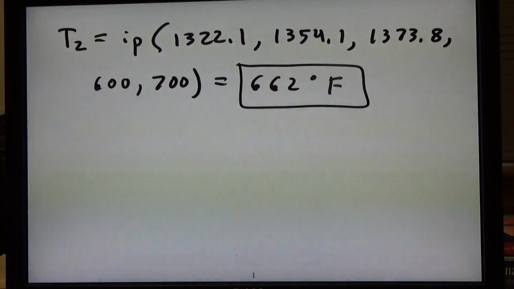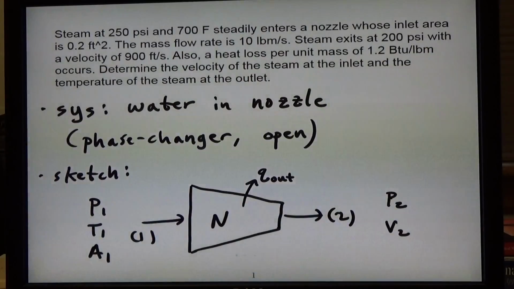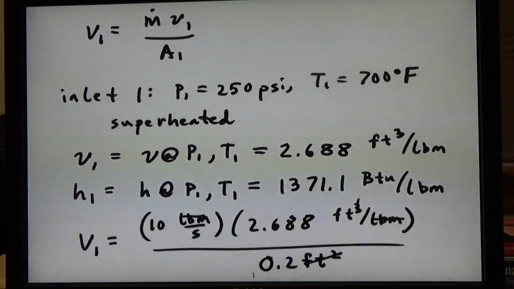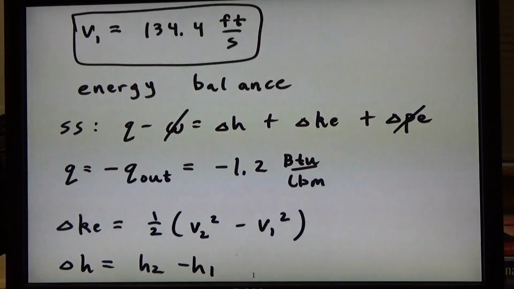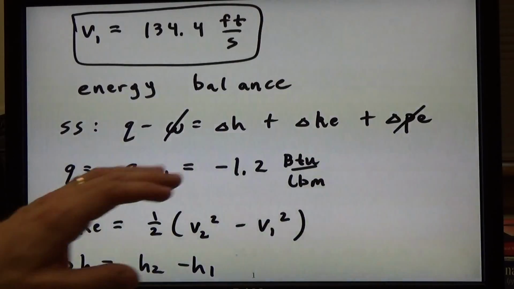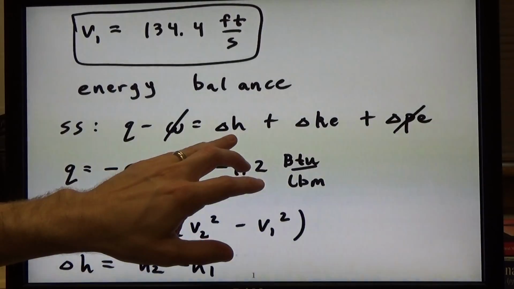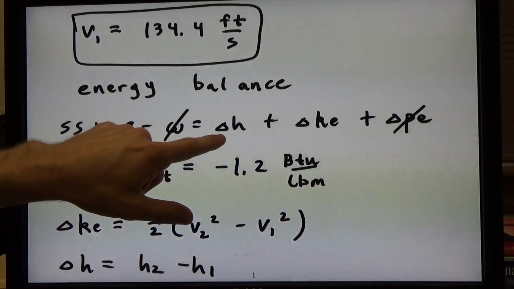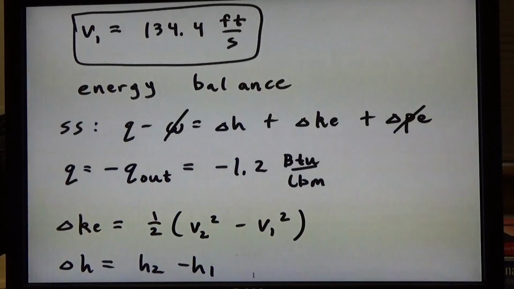So in some of these problems that we're looking at, let's take a look at the energy balance real quick. In some of these problems that we're looking at, we're given information about delta H, and we can maybe solve for something like the heat transfer or the work transfer. In other problems, we're given the heat transfer, and we use that information to solve for a property at state 2.